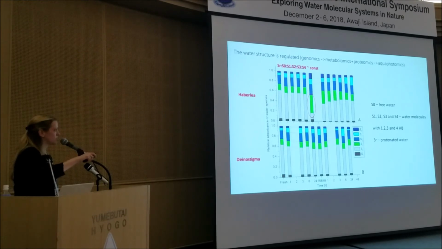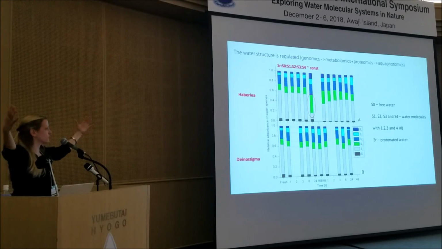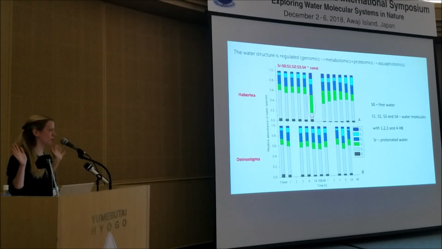What we saw is that in this dehydration process in our friend Haberleia, this lovely resurrection plant, the ratio of these water species, of protonated water, free water, and water molecules with various numbers of hydrogen bonds, is kept constant. So she's losing the water but keeps all these ratios constant, which means that she basically just shrinks in size without major damage to its components.